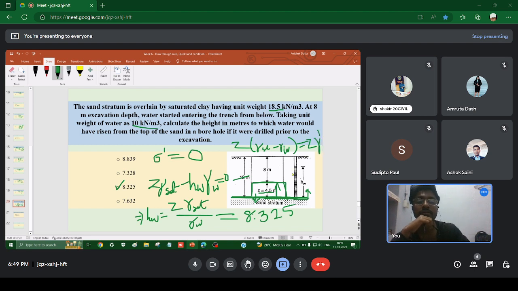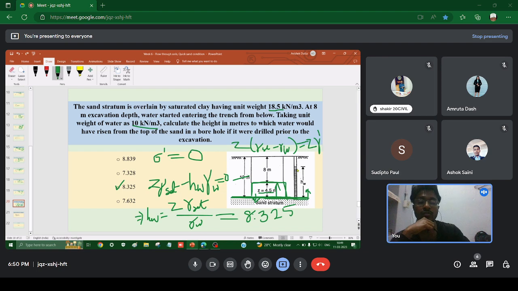Yes. So here, after we use Z gamma sat of the clay, we cannot use Z gamma W. Why? Because the water has risen up to HW height and not Z height. Water is leaking, started entering the trench from below, but it has risen up to a height of HW.